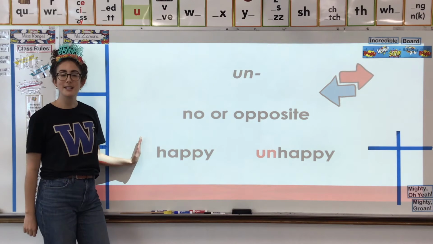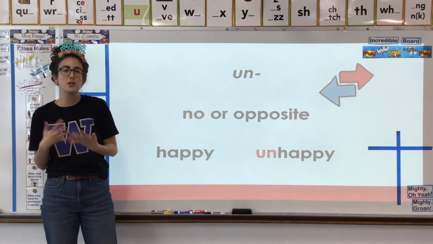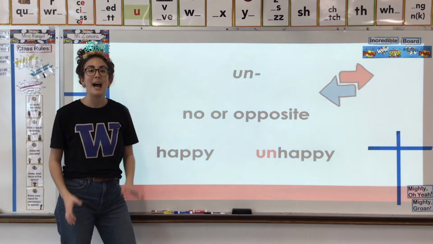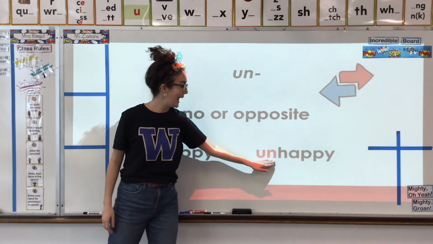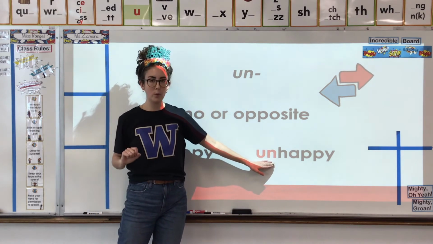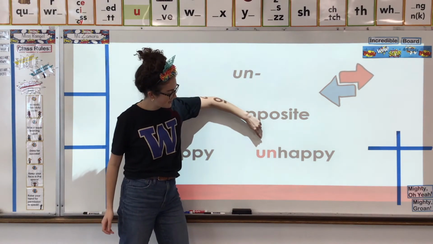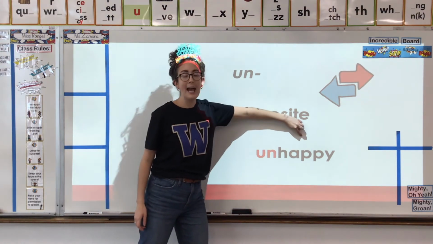So we've got the word happy. If you're happy, you feel joyful and glad, you're feeling good, you are happy. But if we take our prefix un and add it to the beginning of a word, it totally changes the word. Now what does it say? Unhappy.